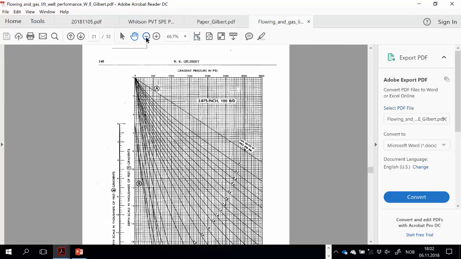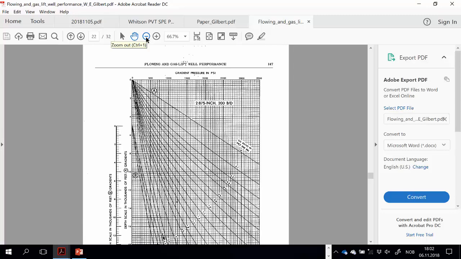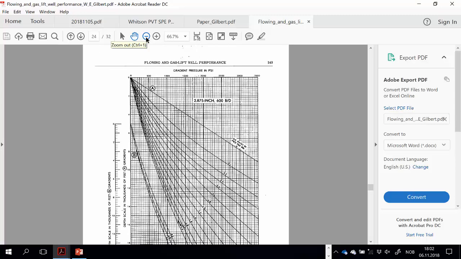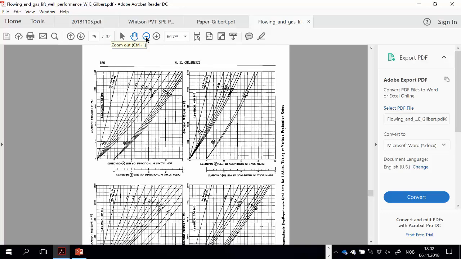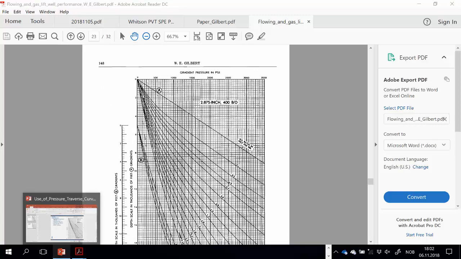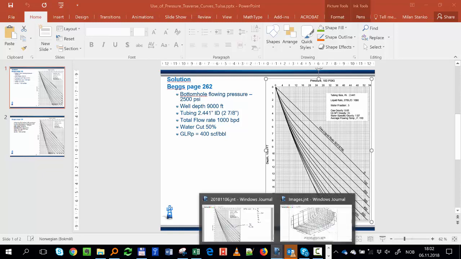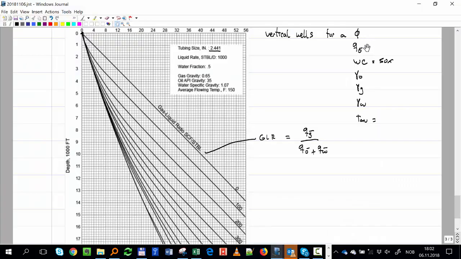I'm not sure if you will be able to read, but he says, if I'm producing 100 barrels in a 2.875 inch tubing, I have this plot. Now if I'm producing 200 barrels, I change the rate, I have another plot. And then I have another plot for 400, 600, and so forth. So I have to do a lot of calculation, one plot for each configuration. If I change the rate, I have to create another plot exactly like that.